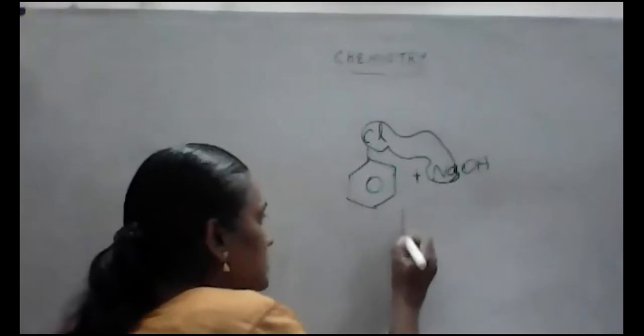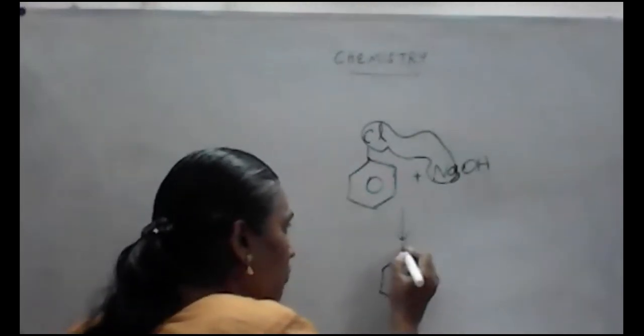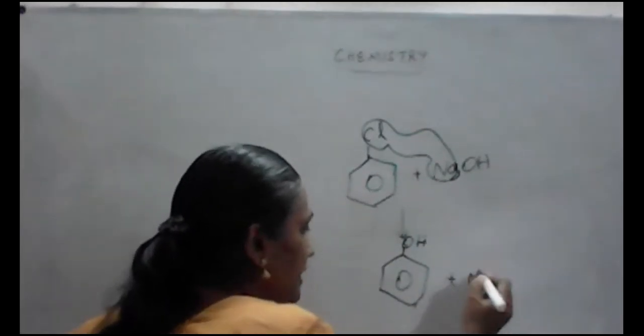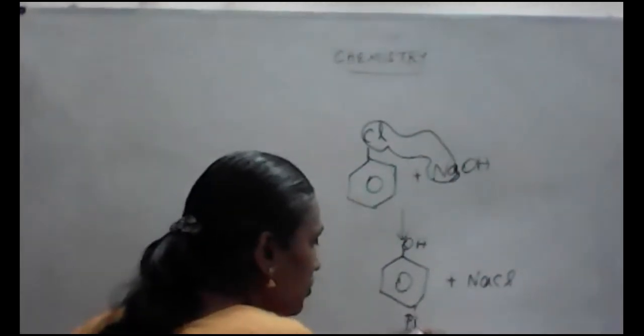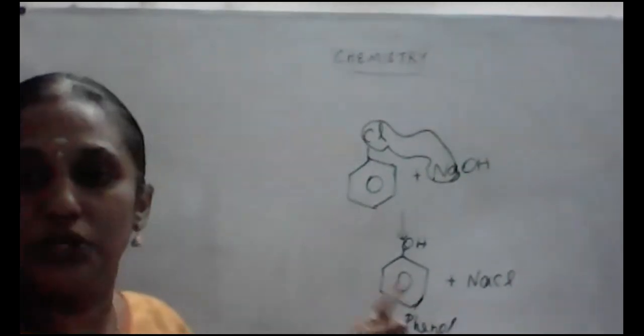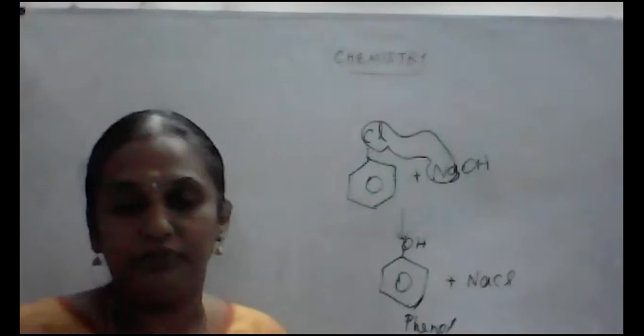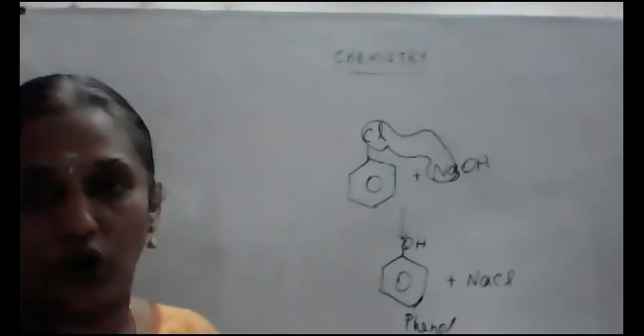When we go for the product, we get C6H5OH plus NaCl. This is a phenol. Why do we call this a phenol? Because a hydroxy group is directly attached to the benzene ring. Therefore, we call it phenol.